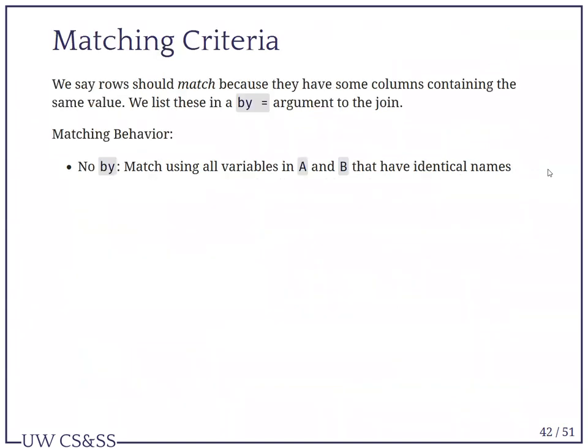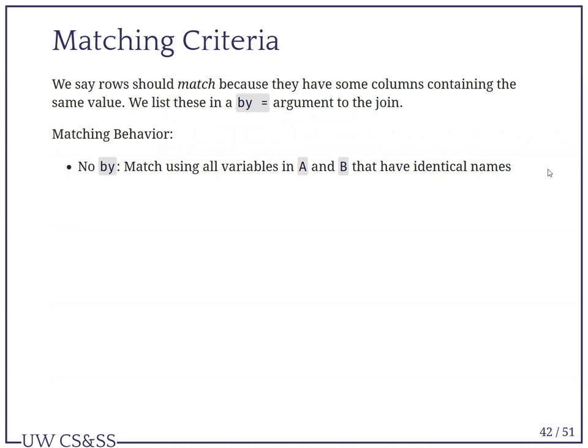Okay. Let's talk about matching criteria when it comes to joining things. We say rows should match because they have some columns containing the same value. We list these in the by equals argument of the join.